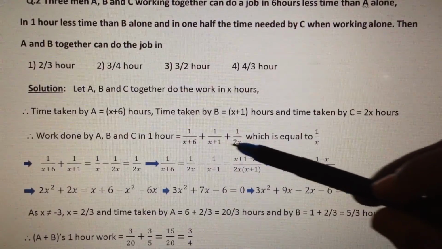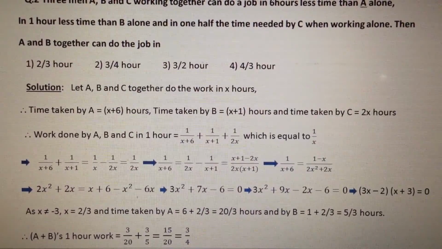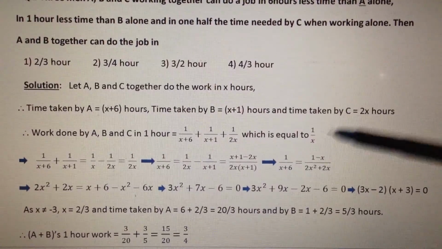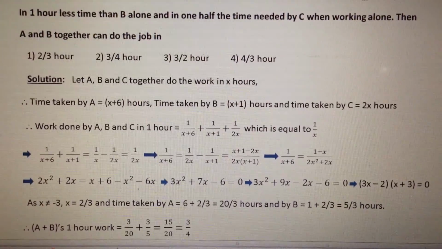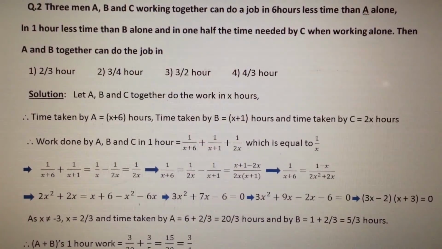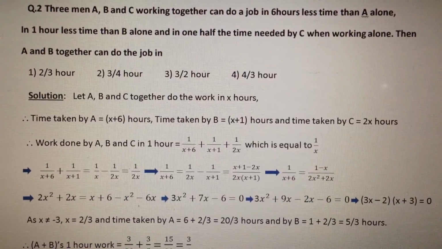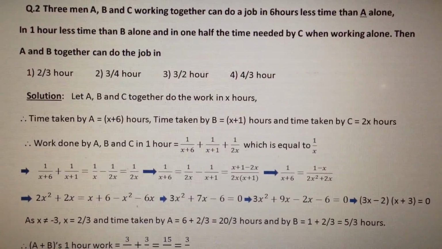Now the work done by A, B and C in 1 hour is equal to 1 by X plus 6 plus 1 by X plus 1 plus 1 by 2X, which is nothing but 1 by X. So let us write the equation. 1 by X plus 6 plus 1 by X plus 1 is equal to 1 by X minus 1 by 2X, which is equal to 1 by 2X.